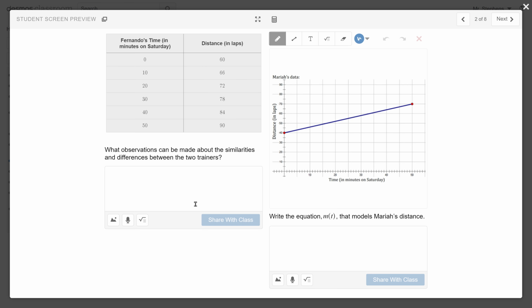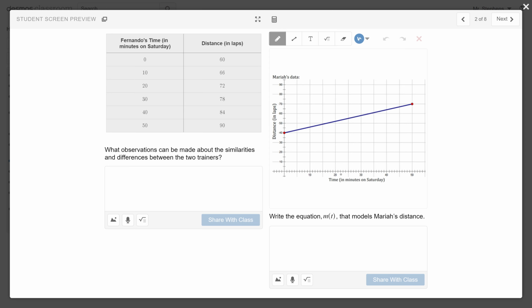What observations can be made about the similarities and differences between the two trainers? And then here's Maria. Here's her time. She also ran for 50 minutes, and there's her distance in laps. Oh, I see.